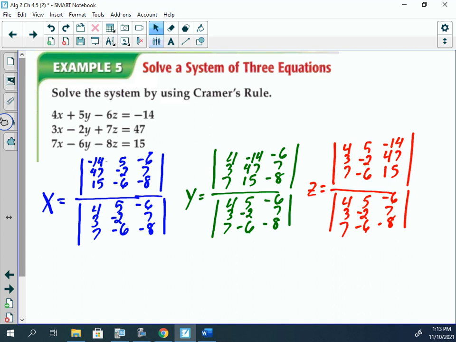We can say B is 4, 3, 7, 5, -2, -6, -6. C would be 4, 3, 7, 5, -2, -6, -14, 47, 15.